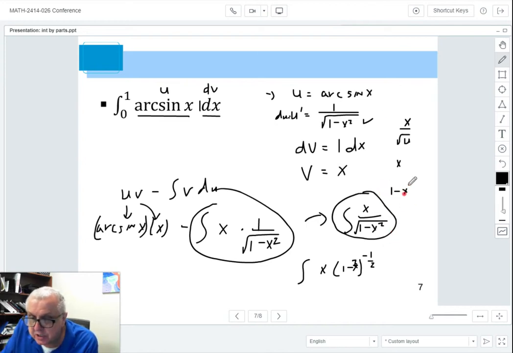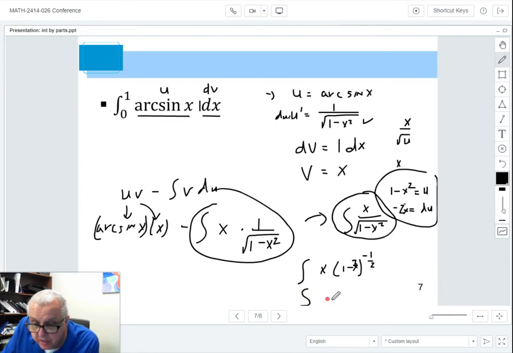So du would be negative 2x. Do you see? So I can actually change this integration because I have to have a u and a du in here. This is close to the du. I just need to put a negative 2 in front of it.